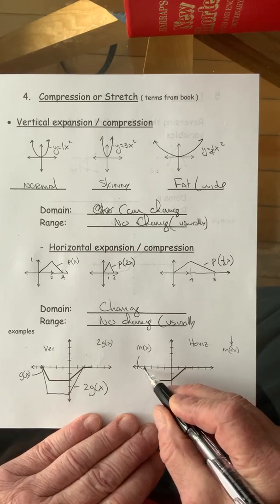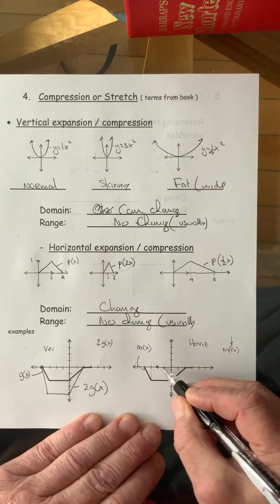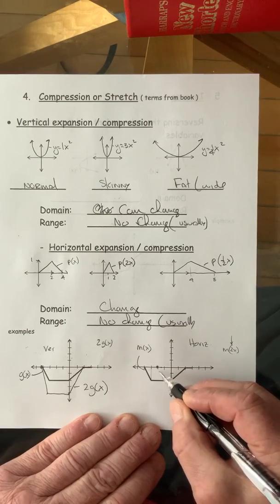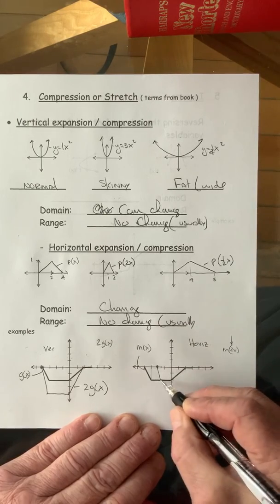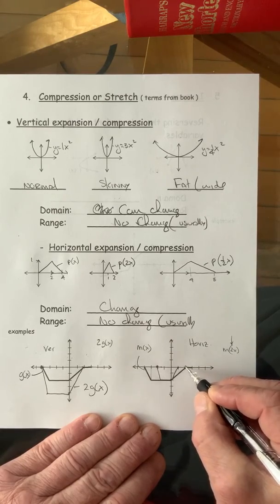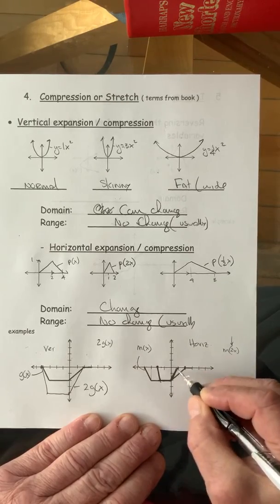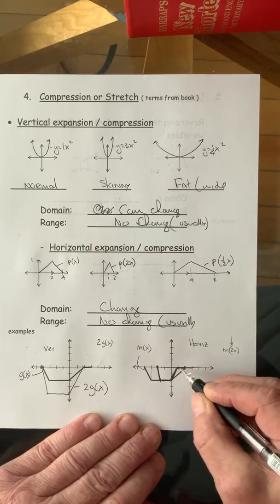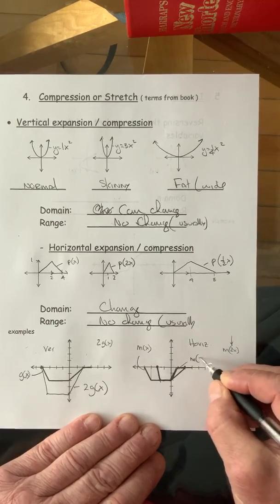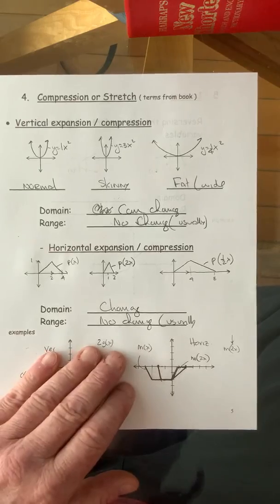So instead of being at -4, it's going to go to 2. This one's above 3, it's going to go 1.5. There's an invariant. This one comes to here, and this one comes to there. So sort of hard to see. We get that. This will be m of 2x. If this had been 1/2, it would have gone fatter.